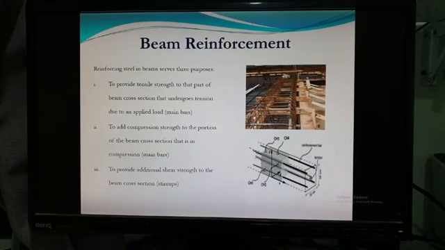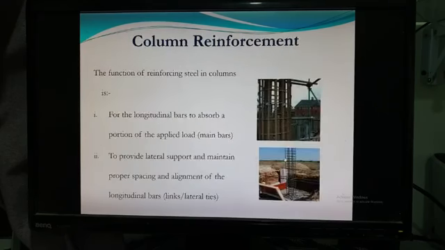So these are the stirrups. It will go around this main bar to provide strength against shear forces. You can see this is the main bar and these are the stirrups.